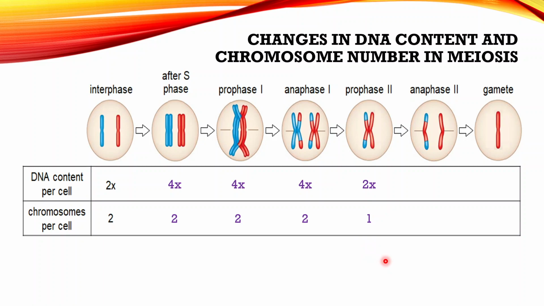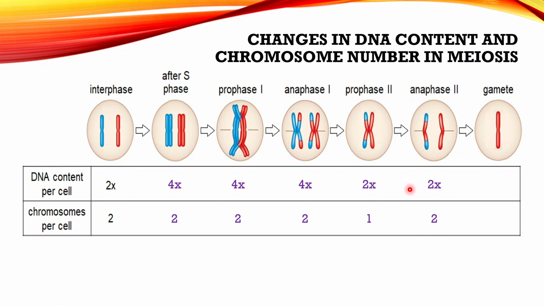Okay, then after anaphase 2, when the sister chromatids are separated, the amount of DNA doesn't change, but the number of chromosomes would double. Why? Because at first it's 1 chromosome with 2 sister chromatids joined together. Now the sister chromatids are separated, so each chromatid is counted as 1 chromosome on its own. So therefore 2 chromosomes here.